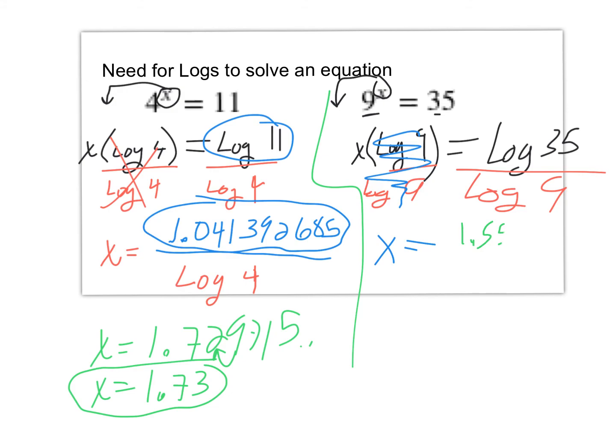That's what happens when you're trying to do six things at once. Leave that on your calculator, because we still have to divide that by log 9.